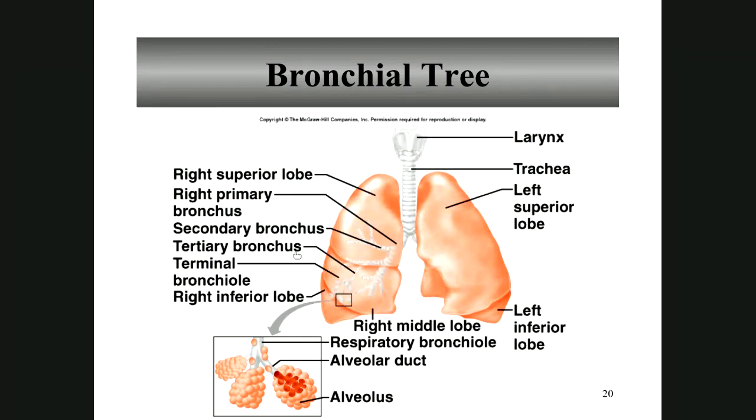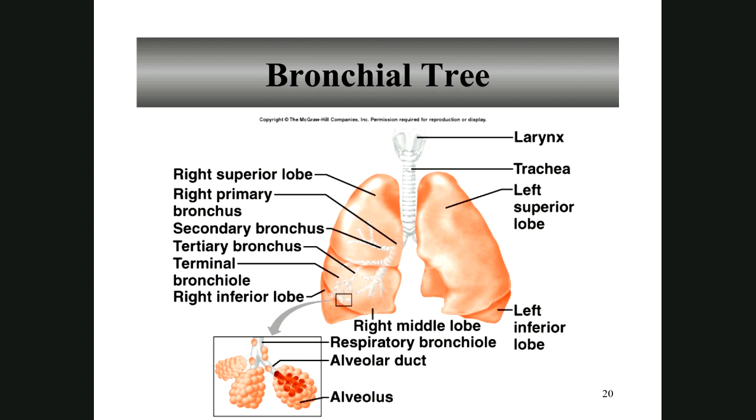Each of the tertiary bronchi goes into a bronchopulmonary segment. Again, one more time: each tertiary bronchus goes into a bronchopulmonary segment.